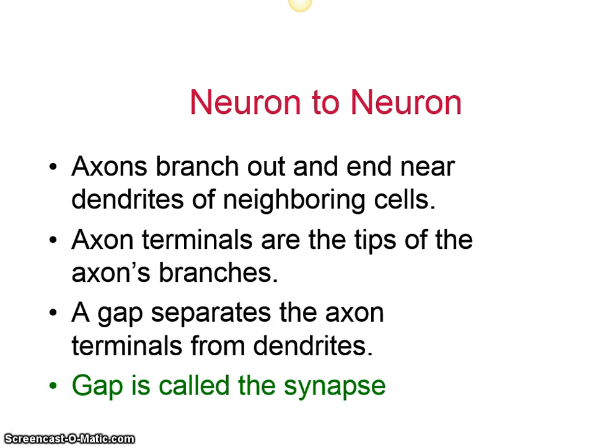Neurons communicate within the individual neuron via an electrical signal. Once that electrical signal reaches the end of the neuron and pushes towards the axon terminals, it causes the terminal buttons to open and release chemicals called neurotransmitters.